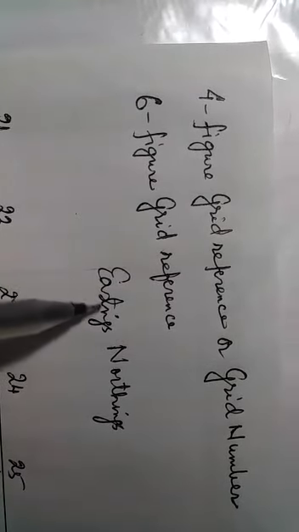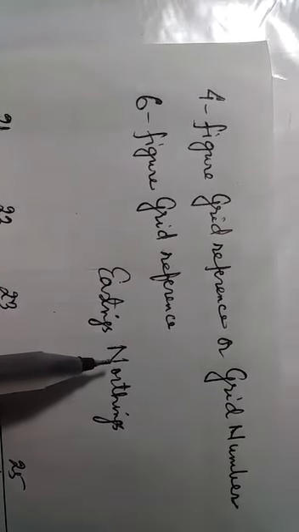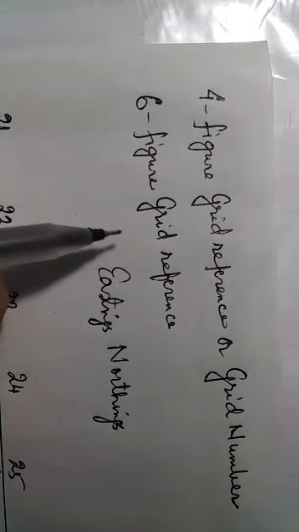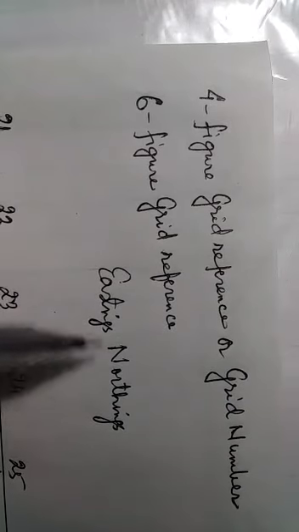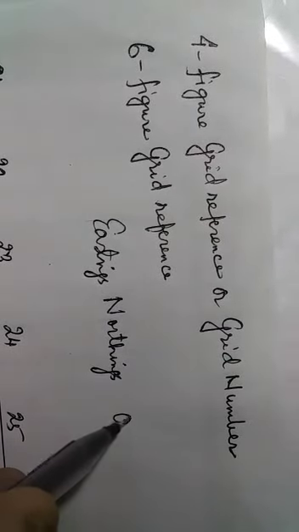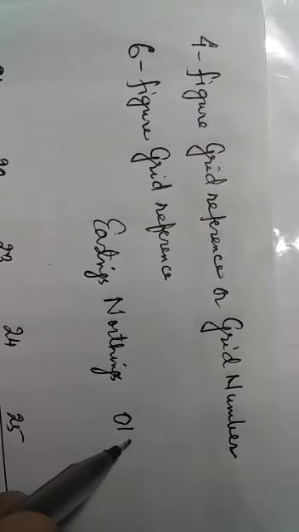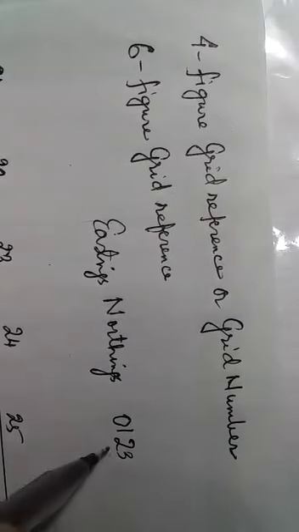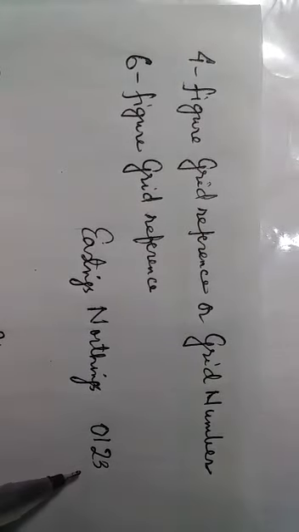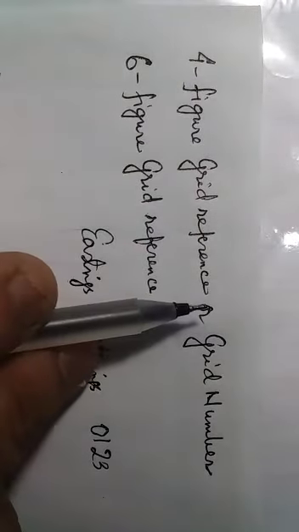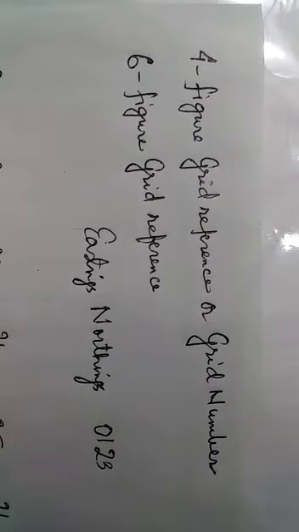There will be no space in between. There will be no bracket, just the digits will be written. For example, I'll be writing 01, which stands for eastings, and 23, which stands for northings. In the same manner, we'll be writing the 4-figure grid reference or grid number.